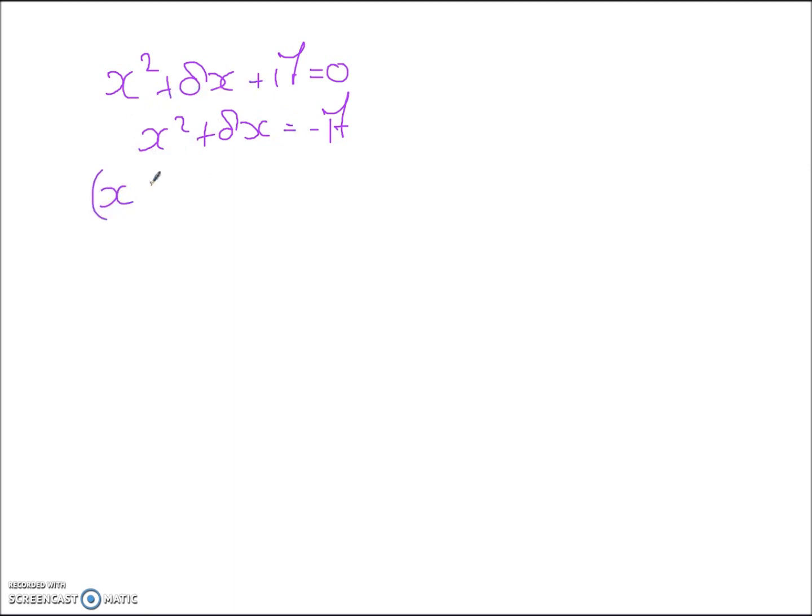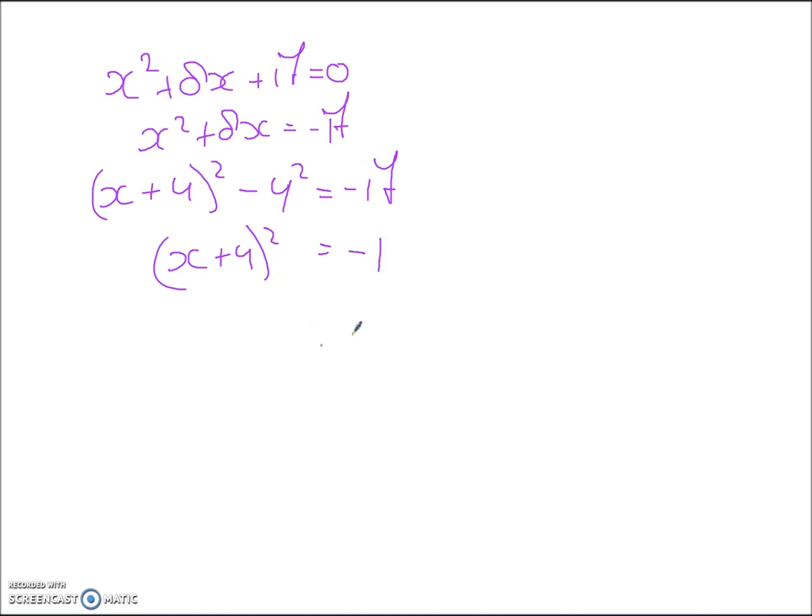So x plus half of 8 squared minus 4 squared is negative 17. So in this case, x plus 4 squared is negative 17 plus 16, which is negative 1.